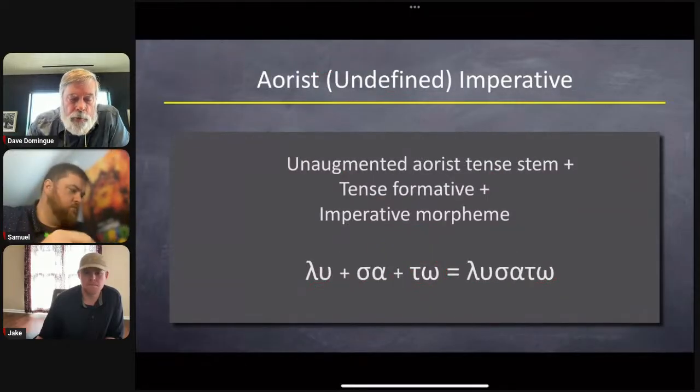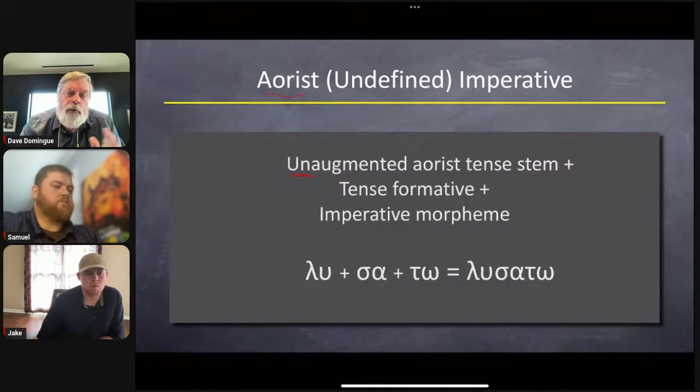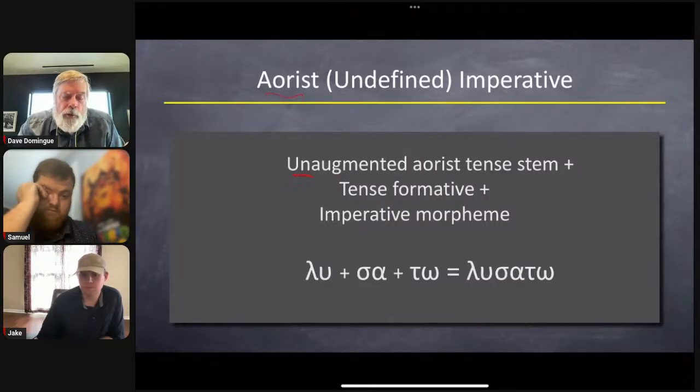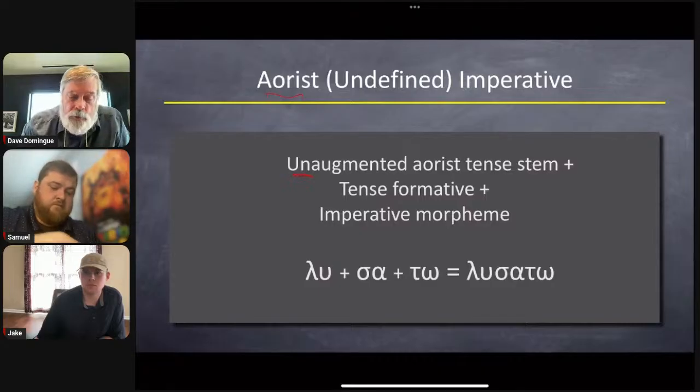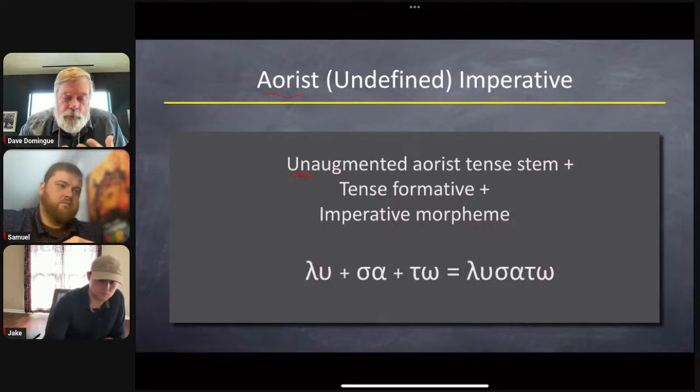Now, in the aorist, again, using the aorist tense stem will indicate not time, because this will be unaugmented. We don't have the augment on the aorist, or the imperfect, but we're not dealing with the imperfect. We don't have the augment, time is gone. Time doesn't really go away, it's just not emphasized or functional or visible when we get to the oblique moods, the non-indicative moods.